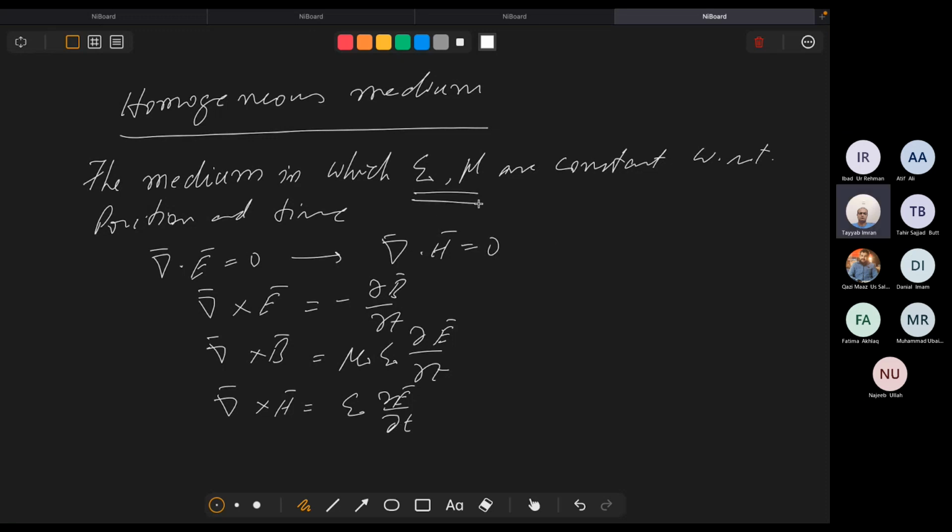Homogeneous medium, these things are constant. ठीक है. So constant with respect to the position and with respect to the time as well. ठीक है. एक होता है inhomogeneous medium. Inhomogeneous medium में these values, permittivity and permeability, they are depending on something that we see later. Okay.